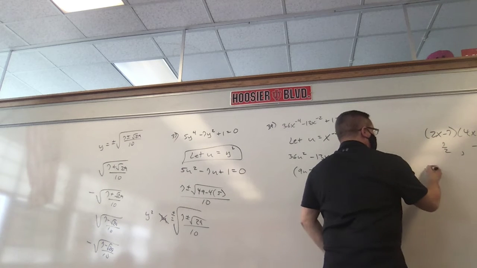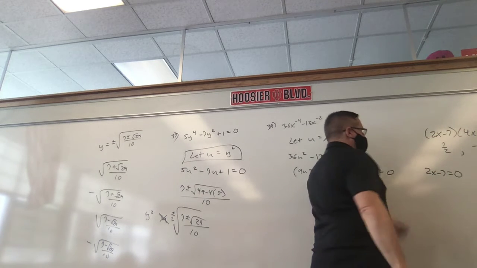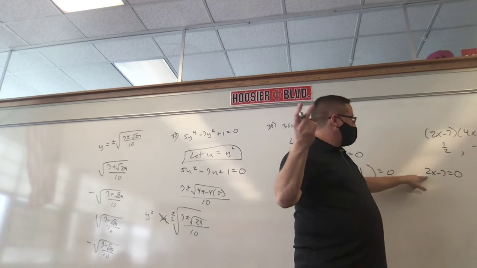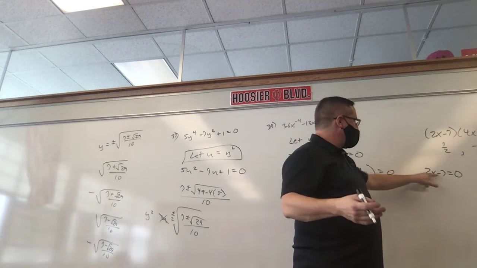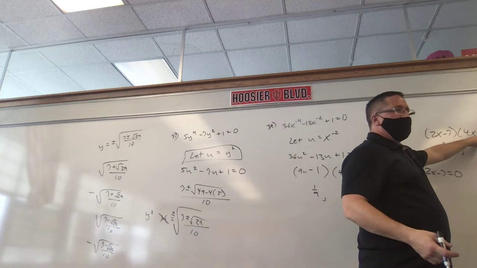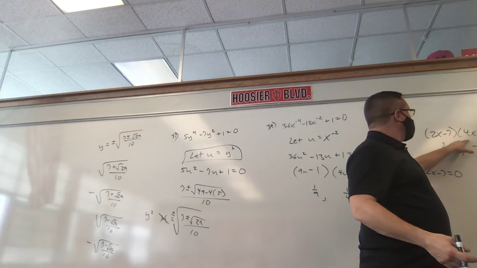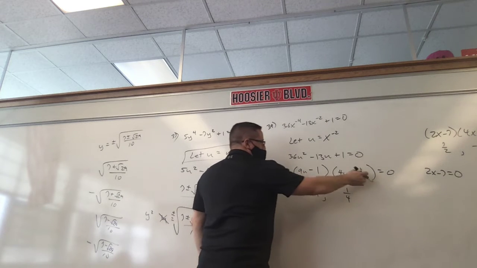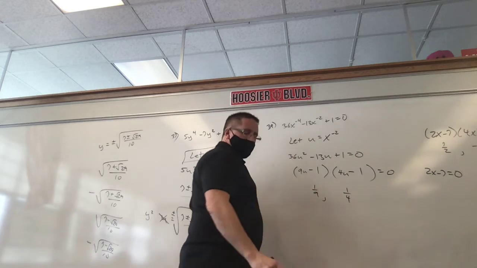If this is 0, how do you solve that? Add 7, divide by 2. How do you do this one? Minus 3, divide by 4. Minus 3/4. So, add 1 over 9, add 1 over 4. What is 1/9 and 1/4?